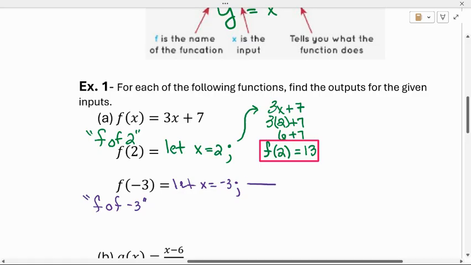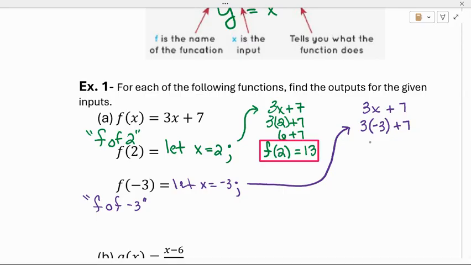So I'm going to take negative 3 and plug it into the function 3x plus 7. I'm replacing the x with a negative 3. So let's see. What is 3 times negative 3? So I have negative 9 plus 7. And what is negative 9 plus 7?